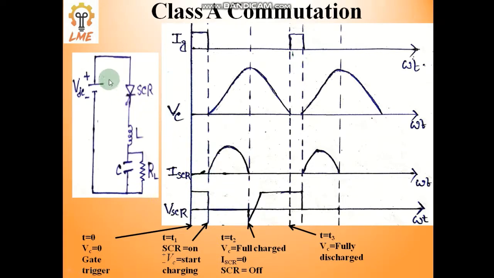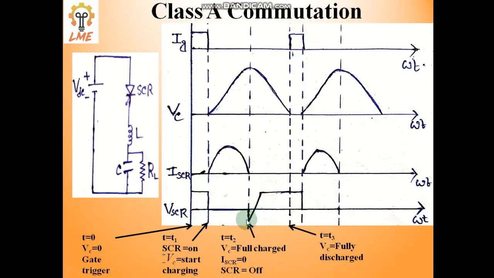When current is flowing through the SCR, meaning the switch is closed, it is a short-circuited path, so the voltage across the switch goes to zero. This is the four-mode switch operation, which we already discussed in the first lecture. So from t equal to 0 to t1 there is a voltage, and from t1 to t2, as the SCR is on, the voltage goes to 0.